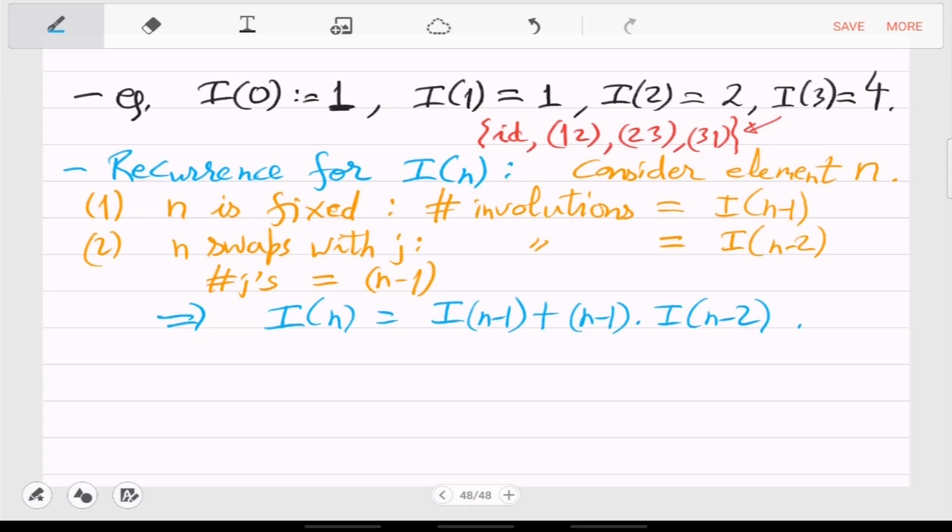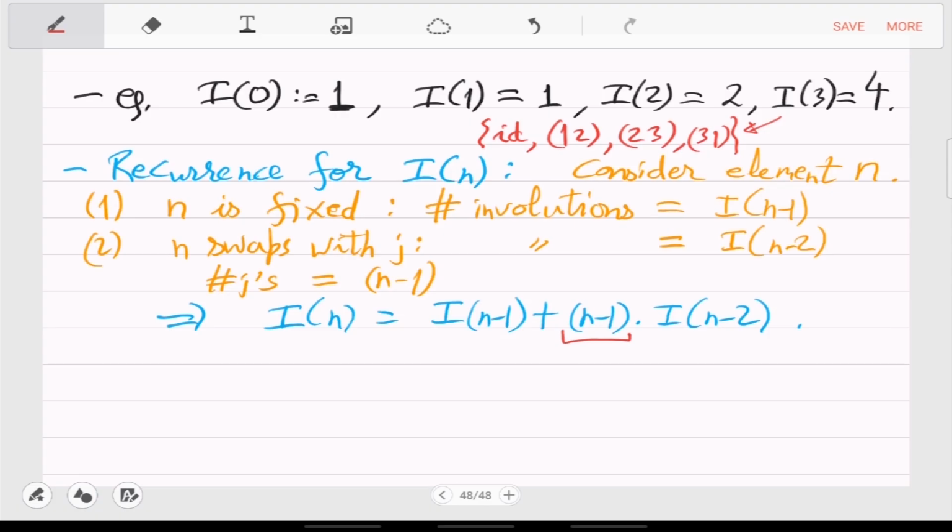Right, so in a way this is similar to what we did with Pingla's proof. But unfortunately the recurrence you get is far more complicated. The only complication arises because of this n minus 1, which is not a constant. This is why I said the definition of constant is that it should be independent of n, but here it depends on n. So as n grows, this coefficient keeps growing.